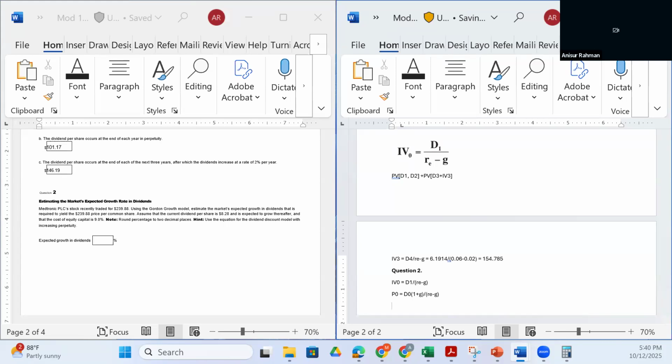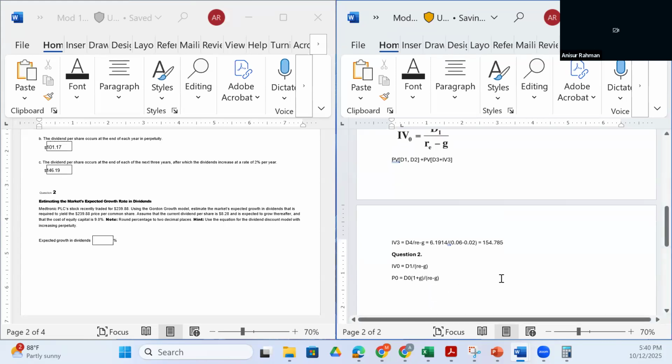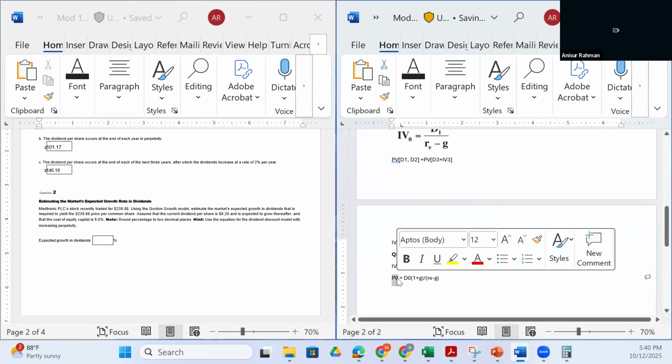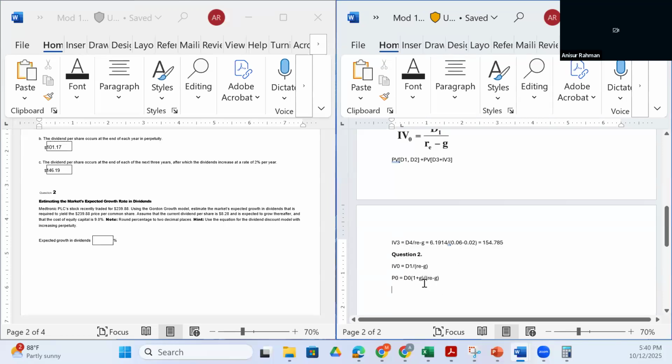Now we have to isolate this G from the remaining variables. So what we are going to do, we are going to take this left-hand side P0, multiply this. So this is on the left-hand side in the numerator, and we'll multiply this with each of the items in the denominator.